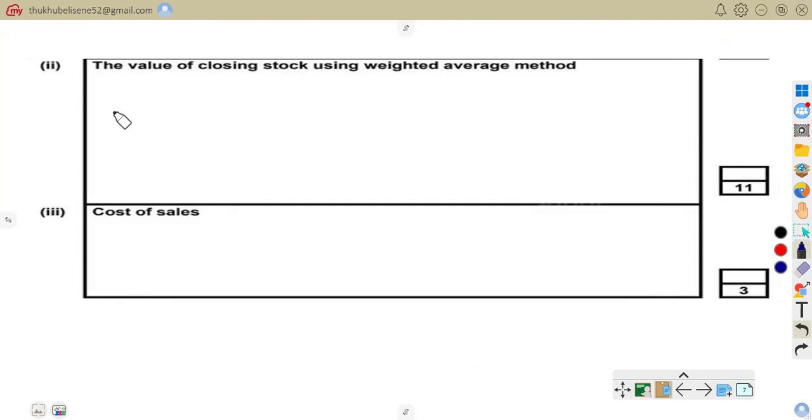So I'm just going to repeat what I've already talked about. As you have remembered, our opening stock amount was 3,803,500, and we have said you're going to add it with 9,348,000.